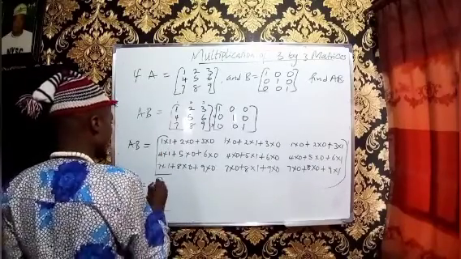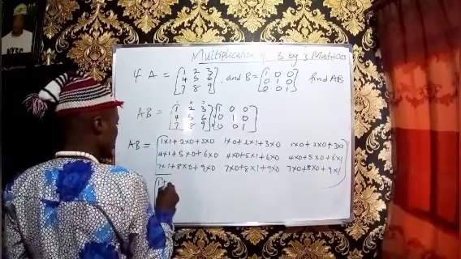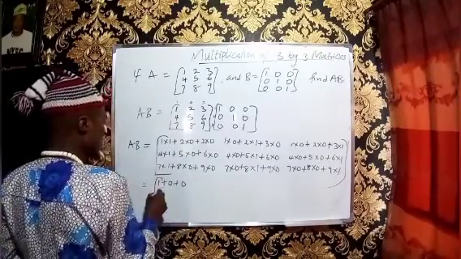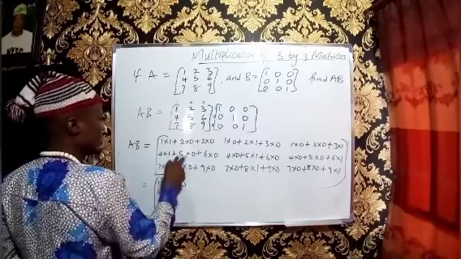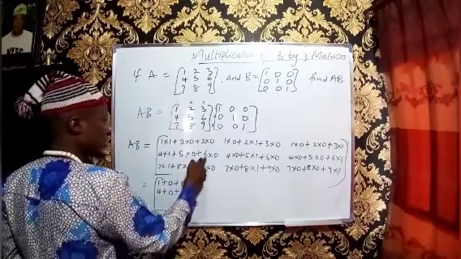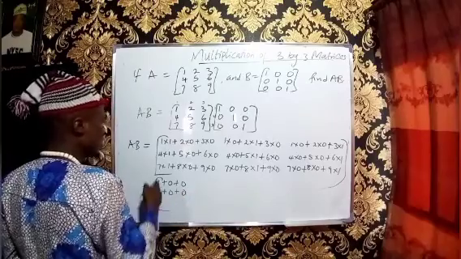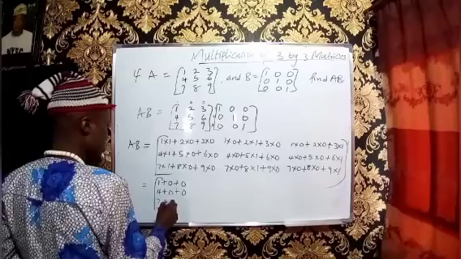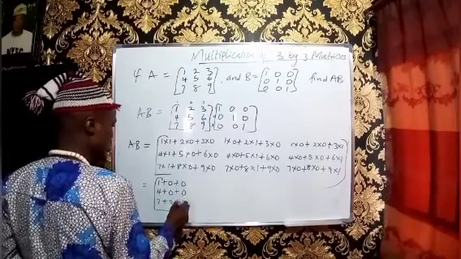1 times 1 is 1, plus 2 times 0 is 0, 3 times 0 is 0. 4 times 1 is 4, plus 5 times 0 is 0, plus 6 times 0 is still 0. 7 times 1 is 7, plus 8 times 0 is 0, plus 9 times 0 is 0.